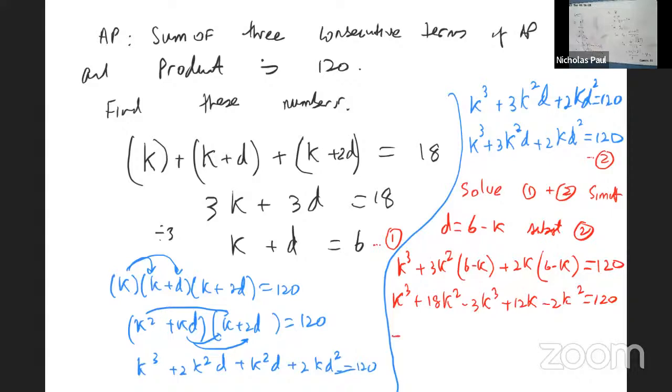So we have minus 2K cubed. 18 minus 2 is 16K squared. Plus 12K minus 120 is 0. And then you solve for K.